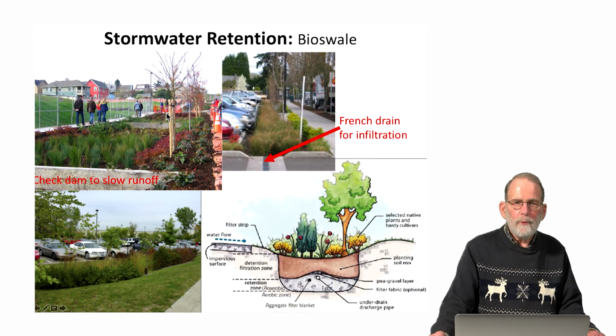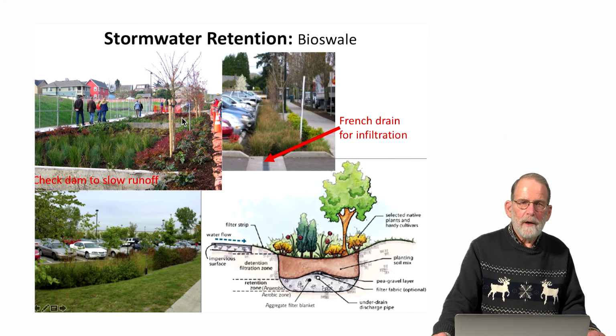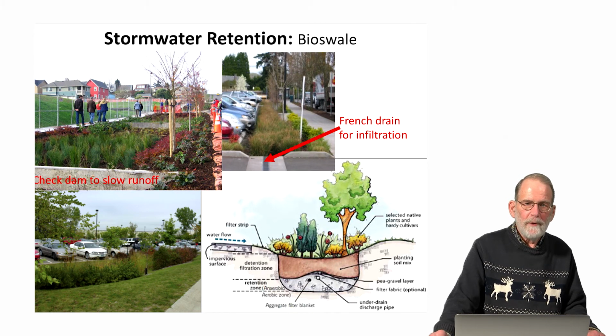In the upper left, we see a series of catchment basins that are created by check dams that are catching water coming down through the swale system, gradually moving it from one portion of the swale into another portion, retaining the water so that it will hopefully infiltrate into the porous surface created by the plant material.